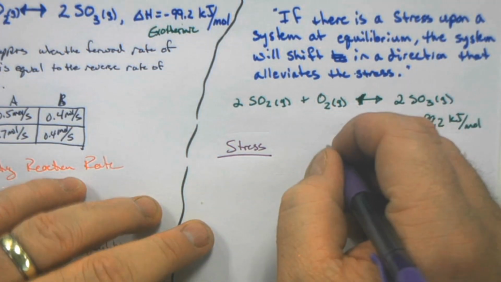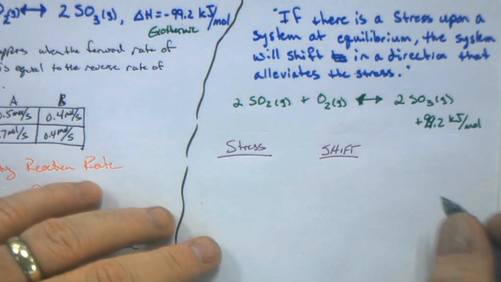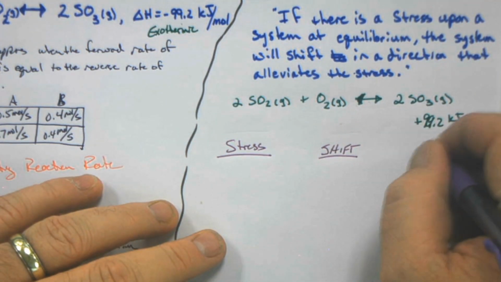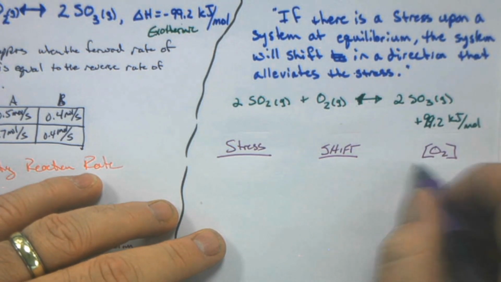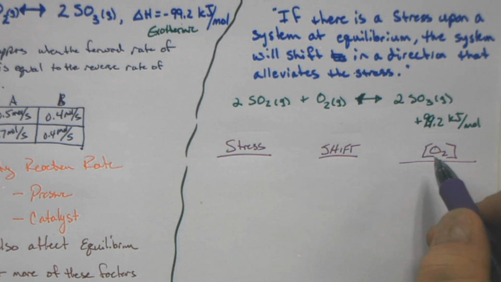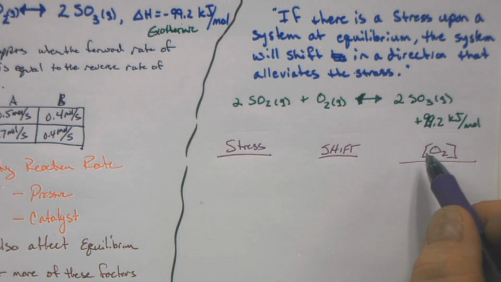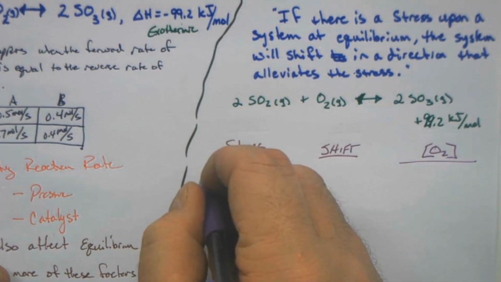We're going to talk about in which direction it will shift. And then we're going to talk about sort of an ancillary thing, but it's like an effect of the shift. We're going to talk about how it affects the oxygen concentration of our reaction.